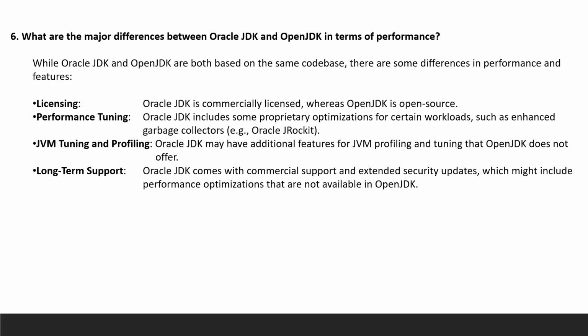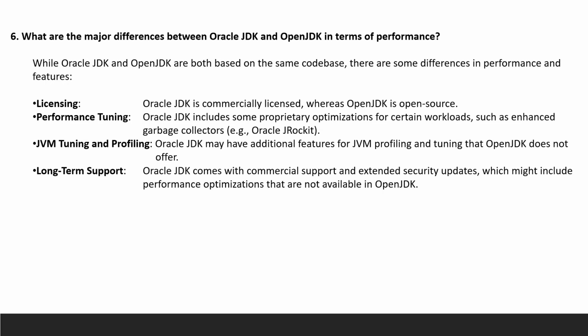Nowadays they changed the license to a subscription model. Earlier they used to charge only based on usage. Now they are charging based on the total head count of the company instead of usage. Due to that, most of the companies are moving from Oracle JDK to OpenJDK.